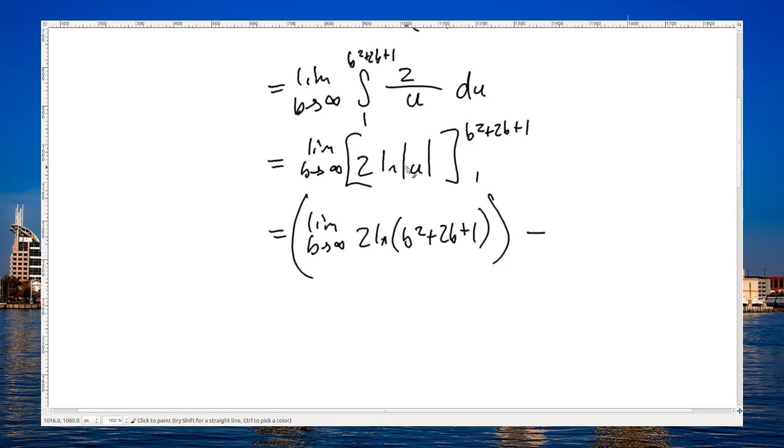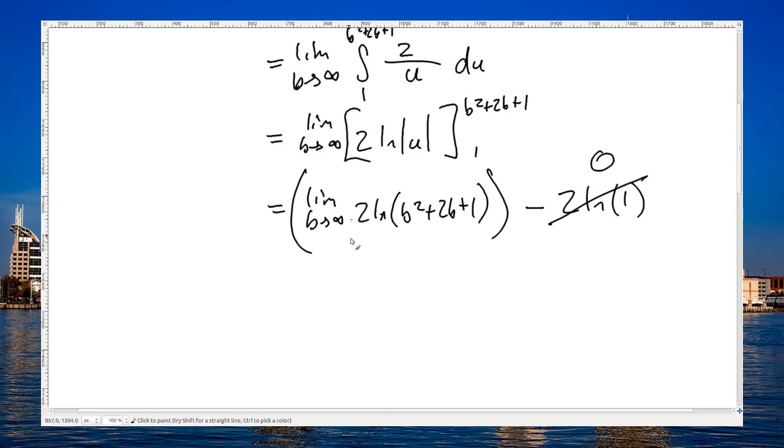Minus, plug in the bottom, 2 natural log of 1. That's a big fat 0. But what's more important is what is the value of this right here. And, well, we have b going to infinity, so we have infinity plus 1. We think of this as infinite. Natural log of infinity, natural log is an increasing function. This is infinite as well. This is going to diverge.